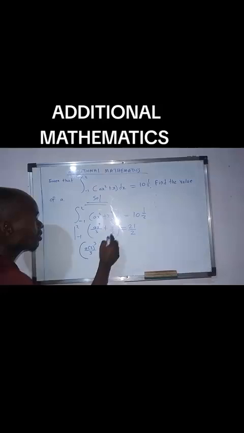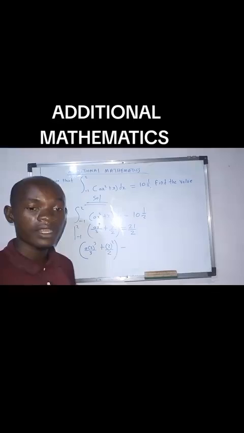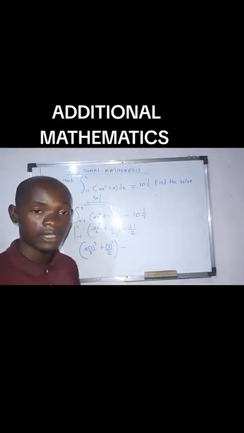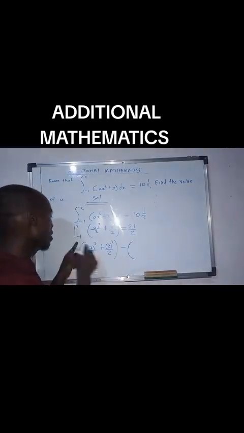Then plus here, where there is x again, I'll put 2 to the power 2 over 2. Then minus. This minus symbol is coming as a result of finding the difference between the upper limit and the lower limit. Now I'll repeat the same but I'm going to substitute with negative 1.